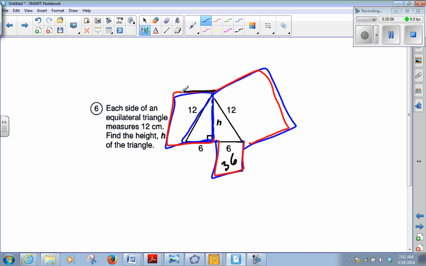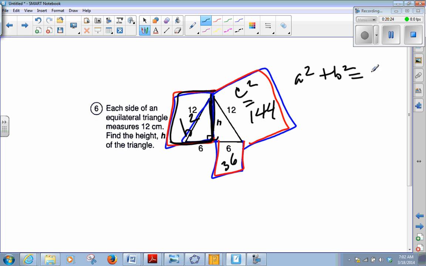B squared, we don't know yet because it's this height right here. Height, h times h, we don't know what that is yet, so b squared is still a mystery. But this hypotenuse right here is c squared, which is going to be 144. So we're doing a squared plus b squared to get c squared. This is my 144. A squared is 36.